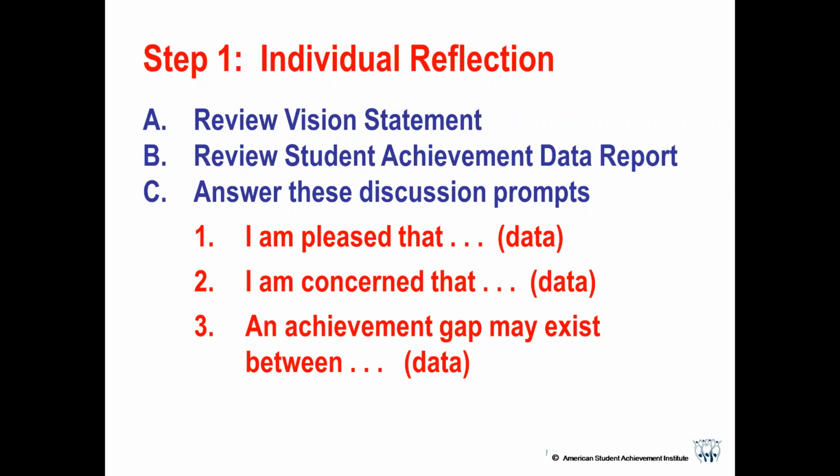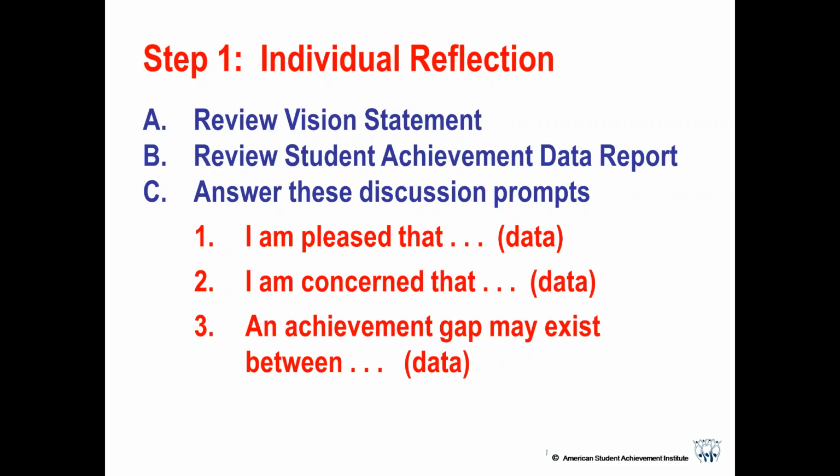I am pleased that 94% of our students passed the I-STEP math test, whatever the data is. I am concerned that 23% of our free reduced lunch kids passed I-STEP math. So the same data fields can please you and disturb you.